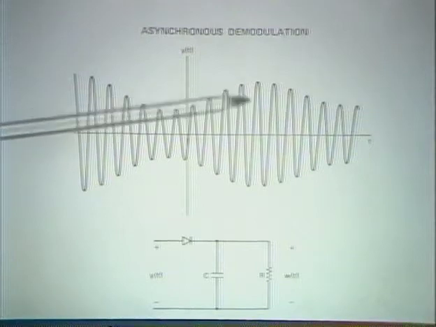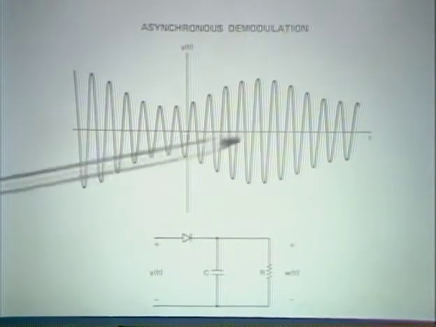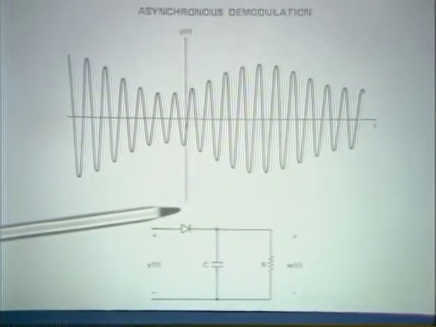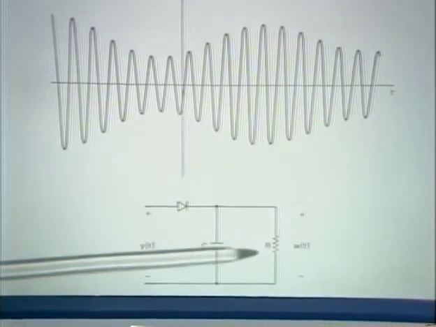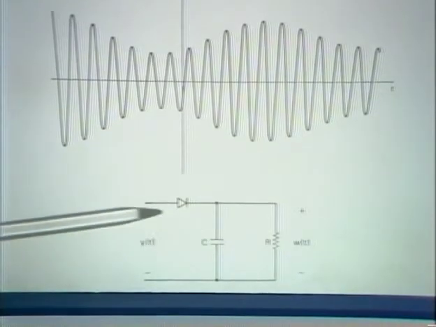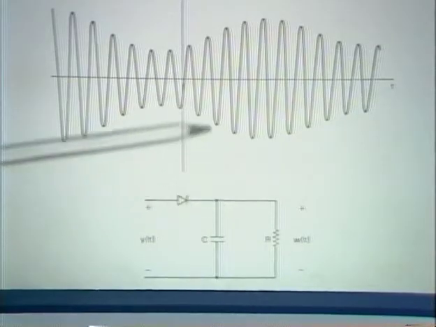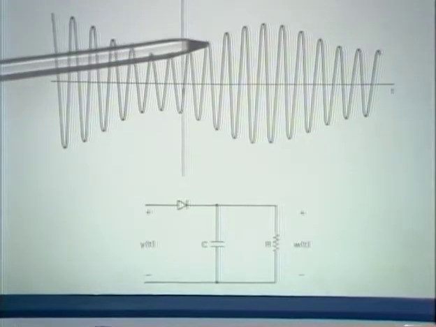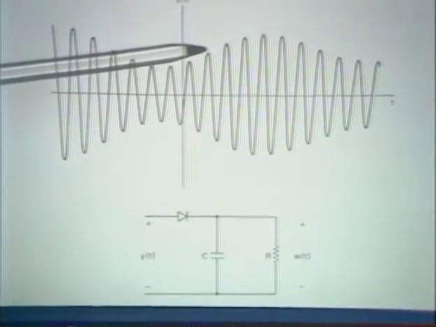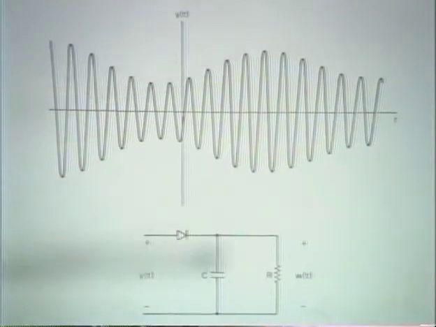And in fact, a common circuit to do that is a fairly simple circuit consisting of a diode and a resistor and capacitor in parallel, kind of the idea being that the capacitor charges up as this waveform moves up to its peak, and then as the waveform drops down, the capacitor discharges through the resistor, and it kind of tracks the envelope.